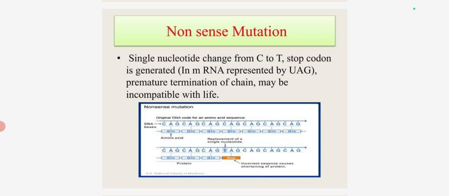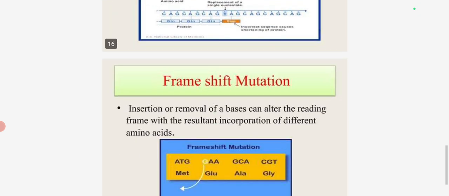A single nucleotide change from C to T forms a stop codon. In mRNA it is represented by UAG, and premature termination of the chain may be incompatible with life. The change of an individual nucleotide base indicates the termination codon. This is called nonsense mutation.